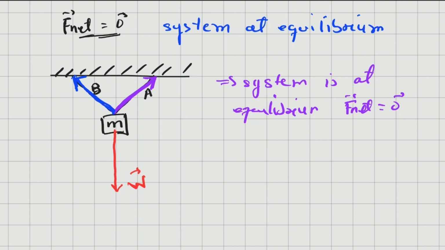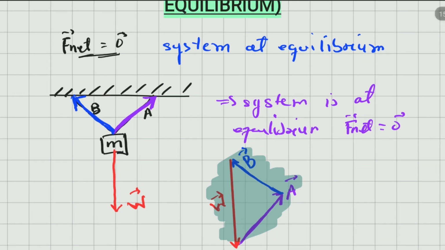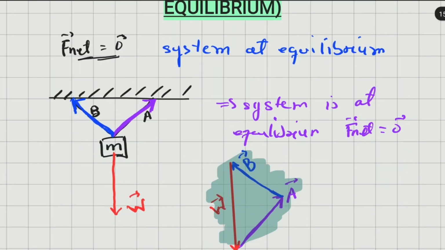Now, what you need to know here, if we draw a vector diagram, if we add all these vectors using the method tail to head, and this is not going to be accurate, then we're going to have this one here, which you can see is a closed vector diagram.